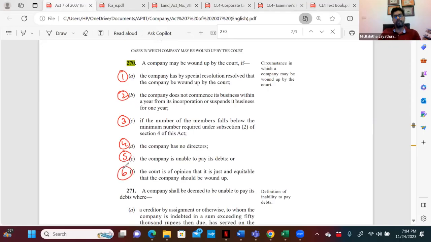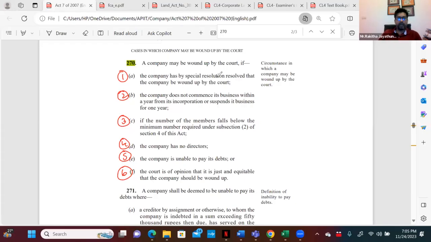There are 6 here. They have only asked for 5, but if you want, you can write all 6. Did you have to memorize it? No. The only thing you had to be familiar with was how to locate the relevant section. You have to do that while you're studying for the exam. So these are the 5 instances.